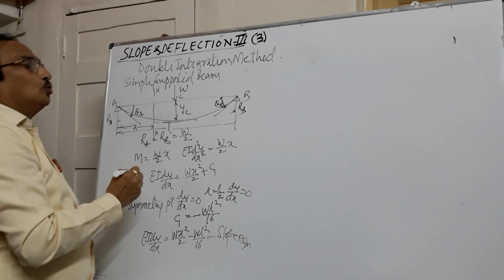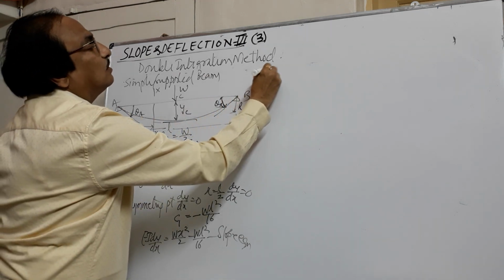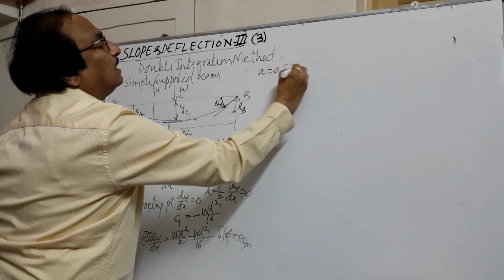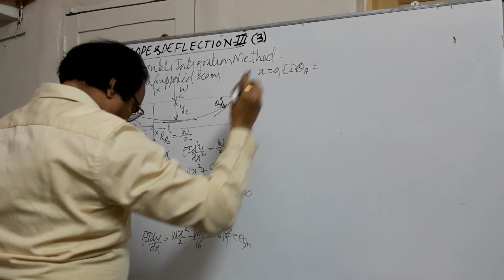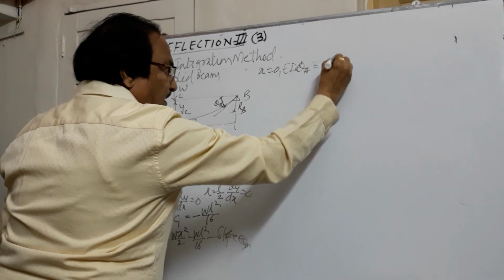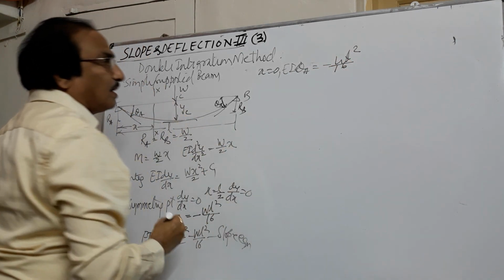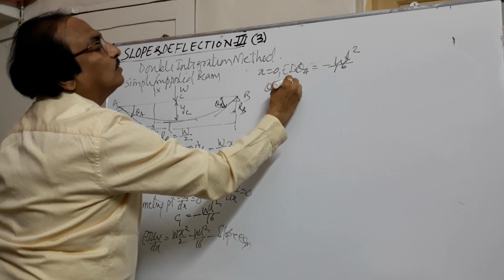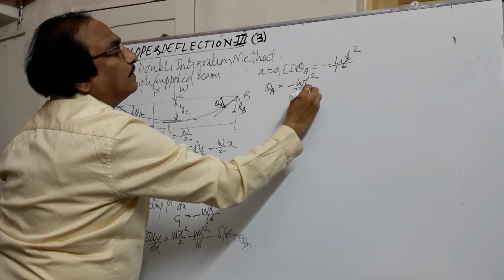Let us find out the slope at A, which means x will be equal to 0. When x is equal to 0, EI theta A will be equal to minus WL square by 16. So theta A will be equal to minus WL square by 16 EI.